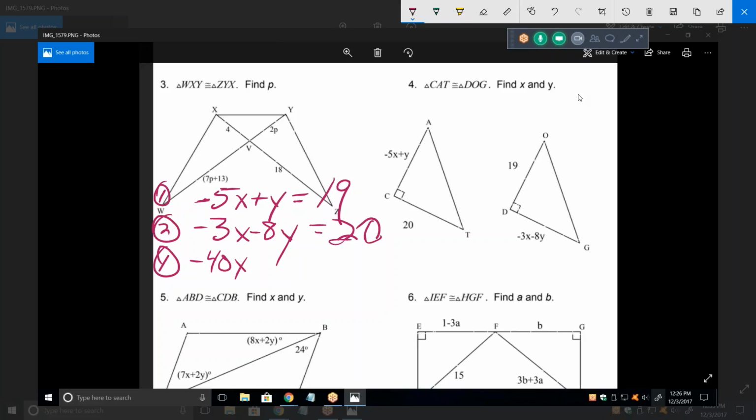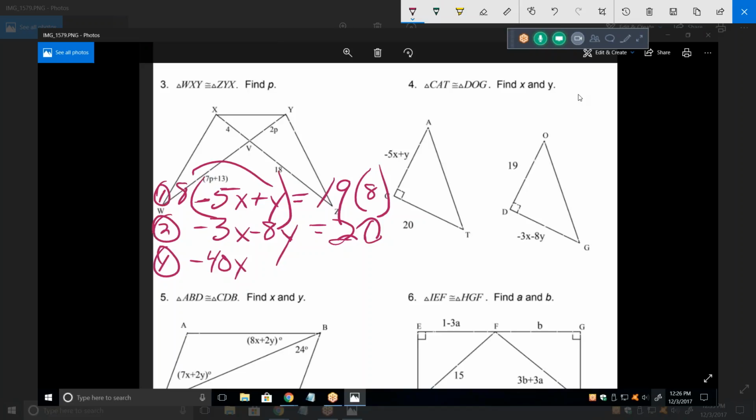Wouldn't it be positive 40 because it's a minus 5? No, we're multiplying by plus 8. Multiplying this side by 8, and this side by 8. Minus 40, and then 19 times 8 is 152.